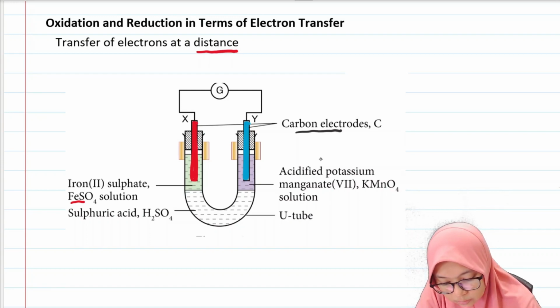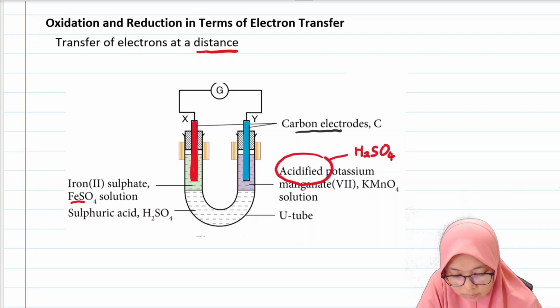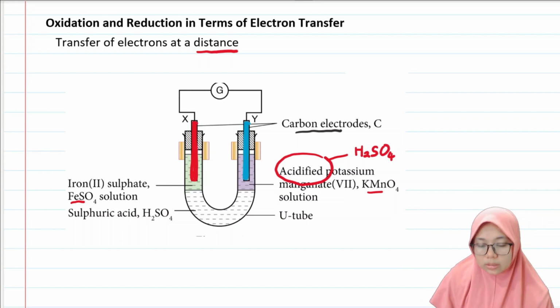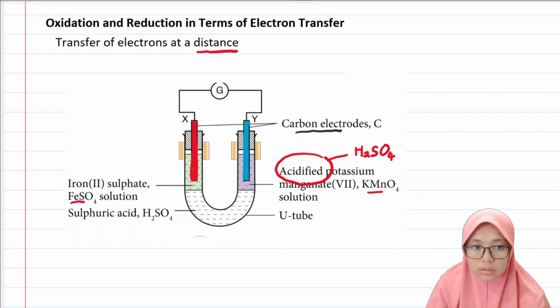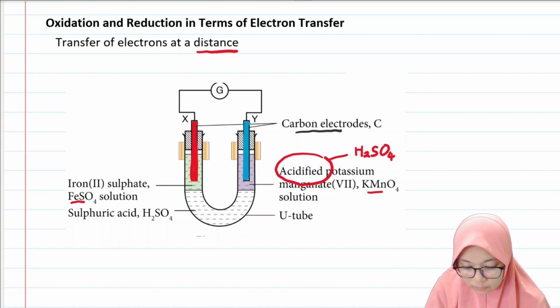Okay, what it means by acidified here is that inside that solution we will add sulfuric acid to acidify the solution of potassium manganate. So this is the actual substance that we use, but we add sulfuric acid to increase the acidity. That's why the term used is acidified potassium manganate solution.